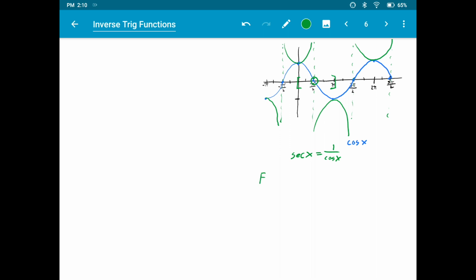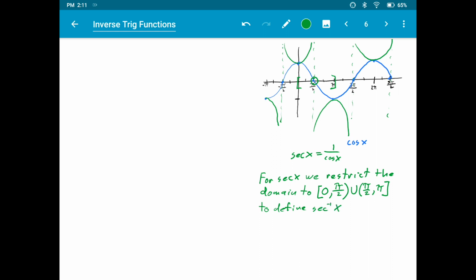So for secant of x, we restrict the domain to 0 to pi over 2, not including pi over 2, union pi over 2 to pi, to define the inverse secant of x.